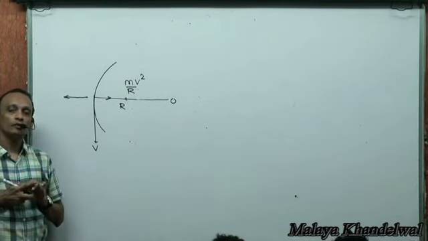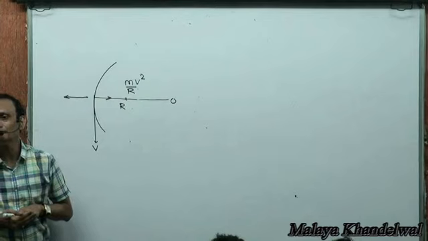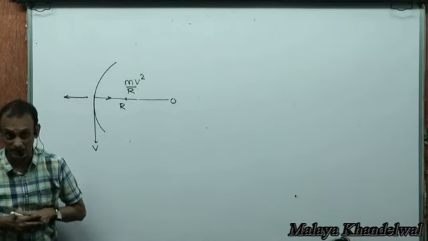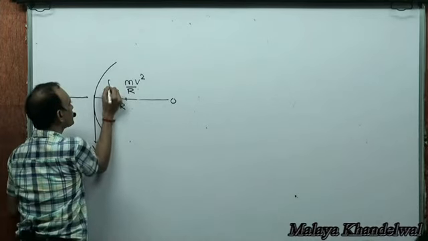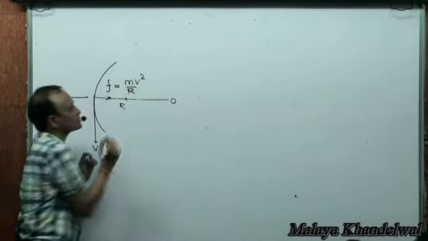And if friction is competent enough, it will give you that centripetal force. In the simplest form, friction would try to provide this centripetal force.